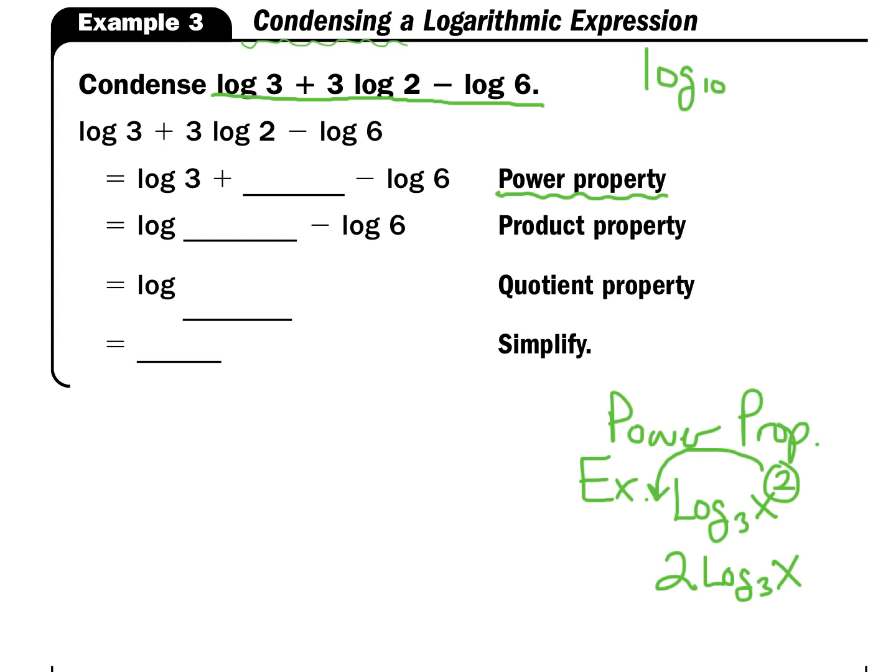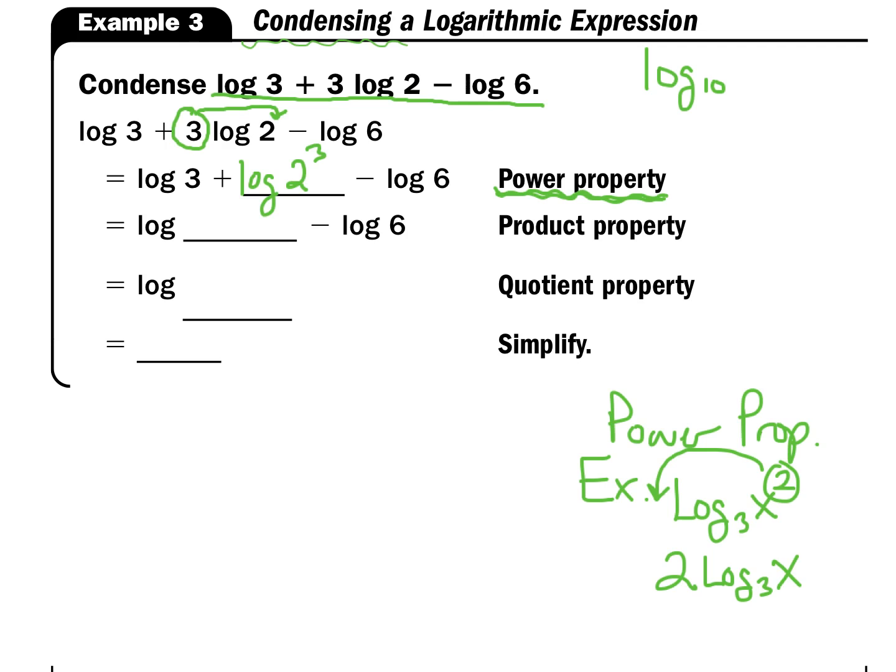So if we're going to be doing the opposite of that, we're going to reverse that. That means we need to look for things that have a coefficient in front of the log. And the only term that has a coefficient in front of the log is this middle term. We have a coefficient of 3. So we're going to take that 3 and put it back up where it obviously was originally, which is as an exponent on the 2. And I will rewrite that as log of 2 to the third power.